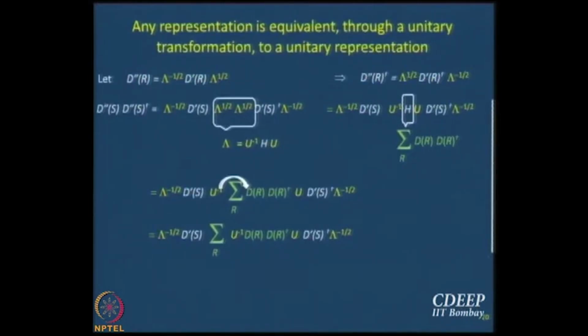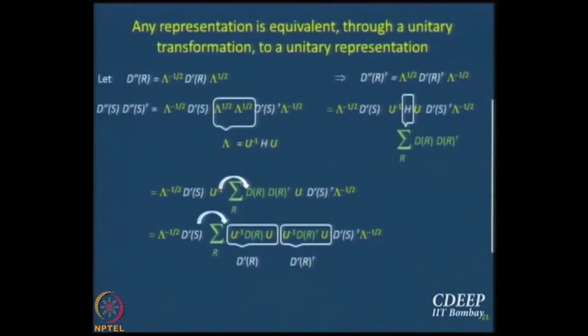What do I do now? What is U inverse dR U? That is d prime R, and this is d prime R dagger. That is what we had said, right? So, that is the contradiction. I will have to work on this, but let us go ahead with this.